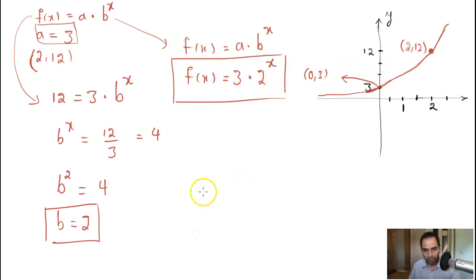So I have a function like this, and let's assume that it's an exponential function.